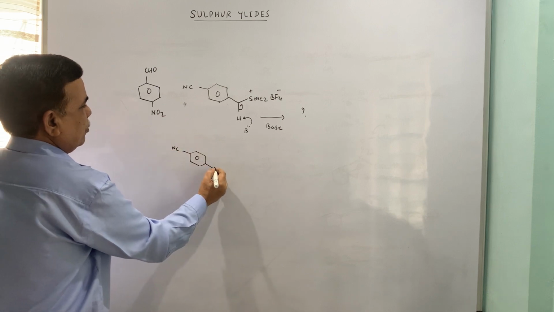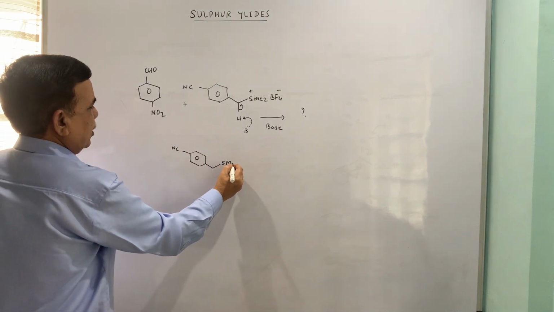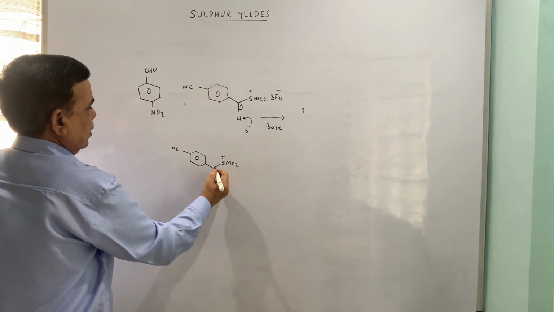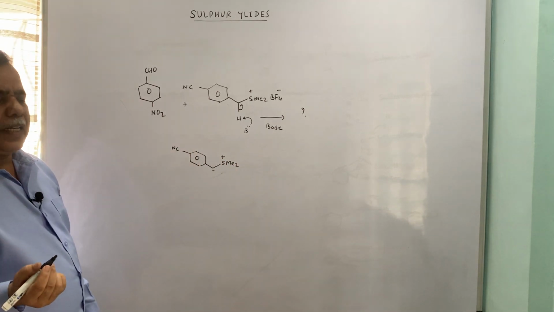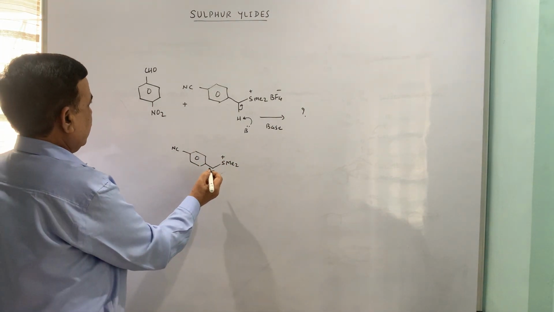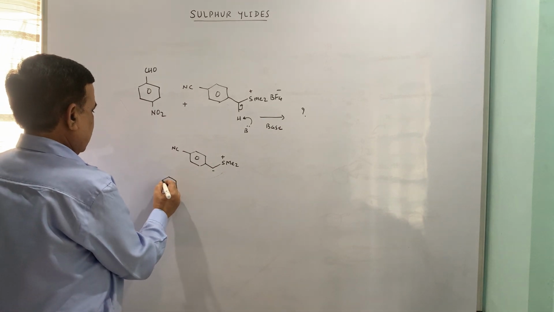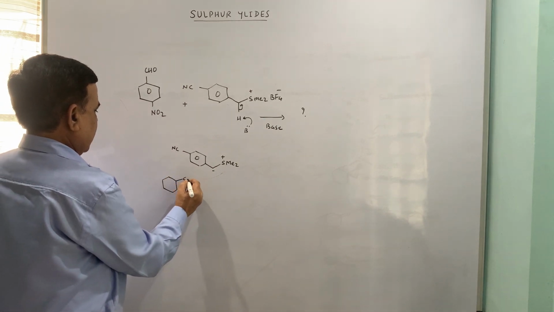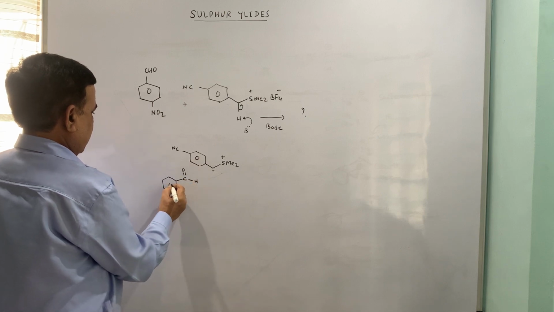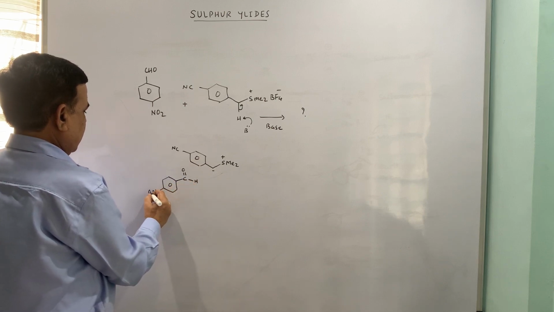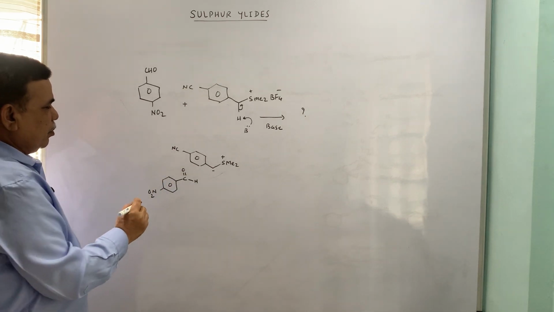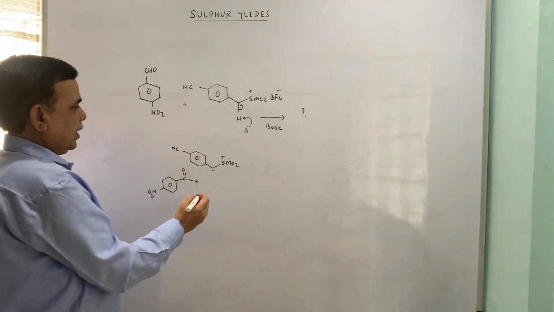The other entities would be like this, SMe twice. This is your sulfur ylide, and now this should interact with your aldehyde group. So let me put the aldehyde this way. This is the aldehyde group, and the nitro position is the same, although I am just putting a different orientation.